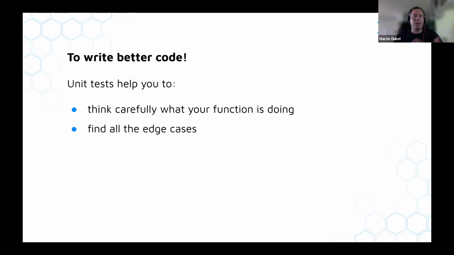What if suddenly my argument is an empty string, or an empty vector, or maybe it's null? How will my function behave in all of those edge cases? If you're just writing your function, you probably won't come up with this, because you will go with the standard path that you had in mind initially.